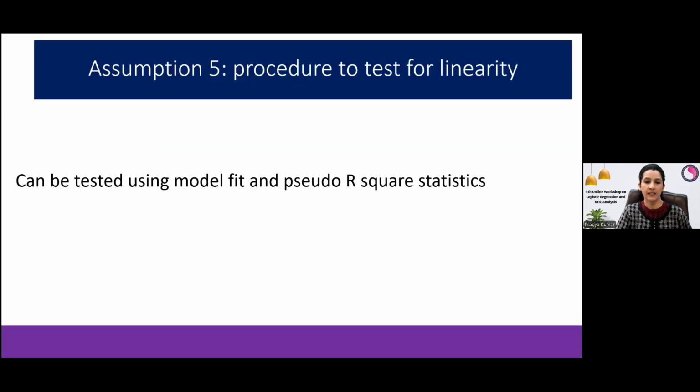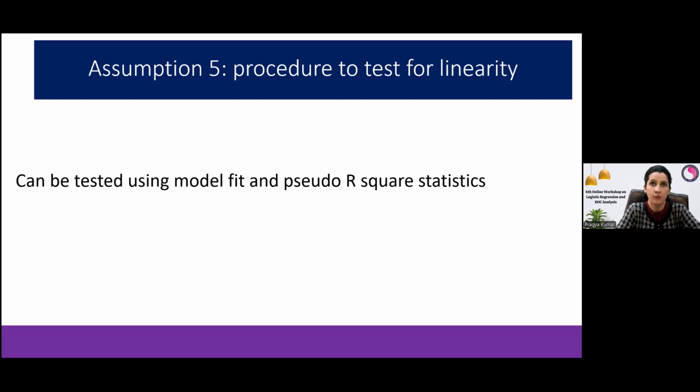And then there is something known as the test of linearity. Those of you who are doing this in SPSS know that there is a procedure known as the Box-Tidwell procedure, which we use to test for linearity. But in the case of jamovi, we don't do that. We use the model fit and the pseudo R-square statistics.